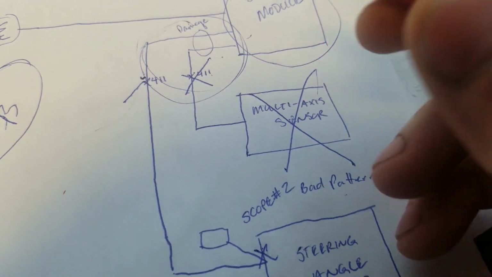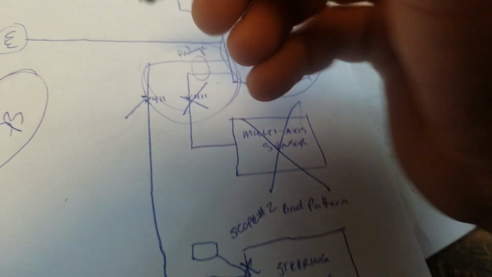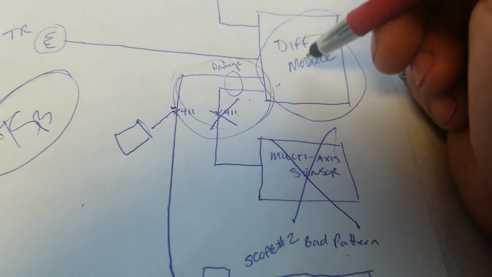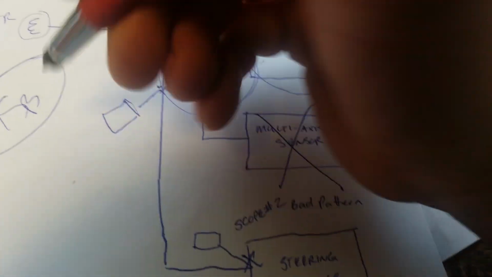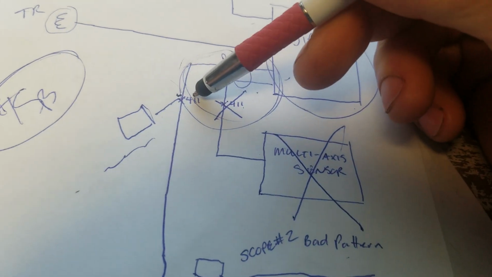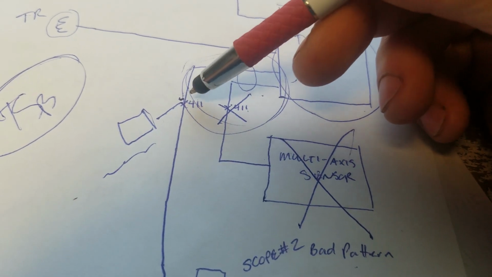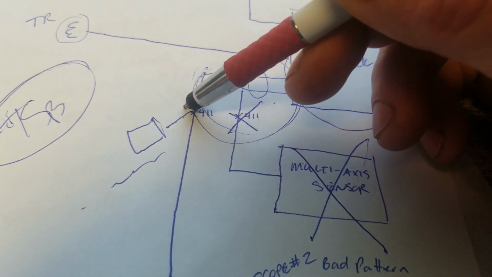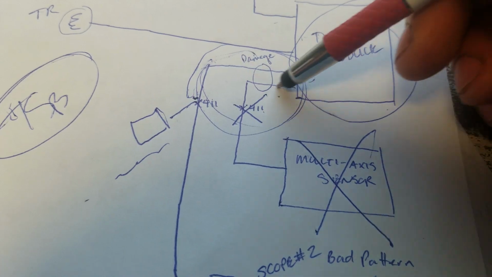So we're disconnected here, we're back probed in here. We would move our scope leads to these two wires at X411 that go into the diff module from the steering angle sensor, and we would look at the pattern, okay? And if the pattern is still bad here, then I know my issue is in this wire here.